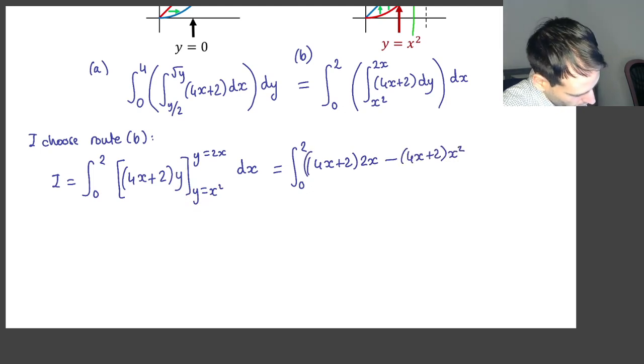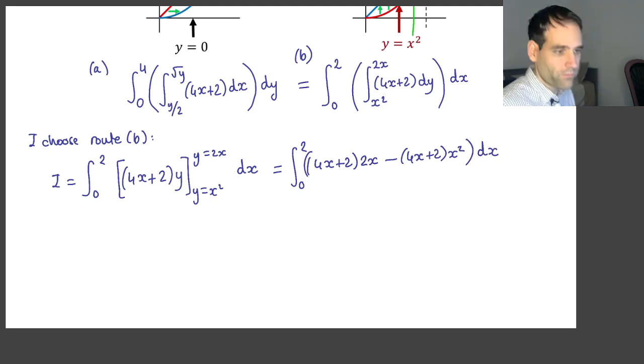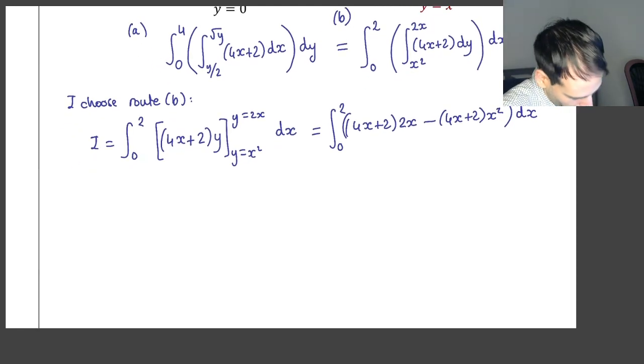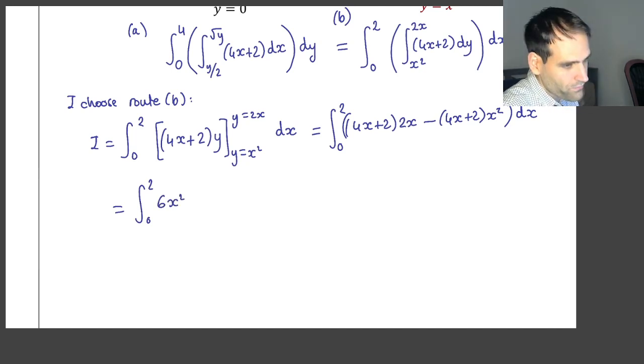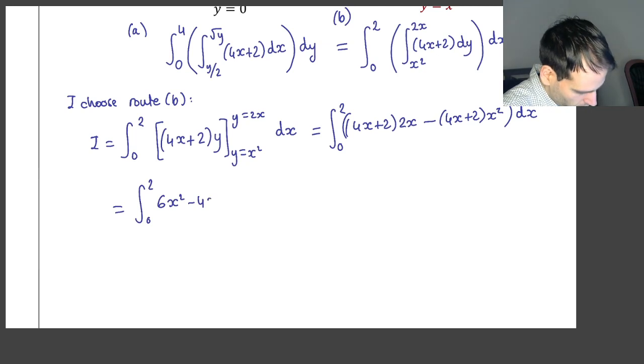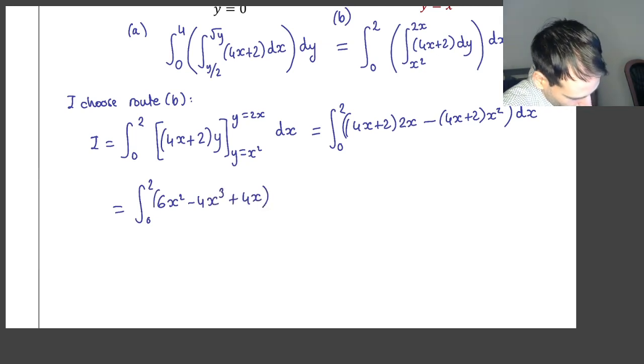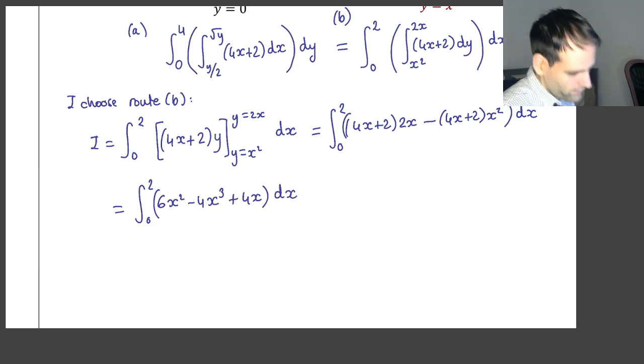All this is what we need to integrate now with respect to x. But of course, first we can simplify it. If we simplify that polynomial, we arrive at 6x squared minus 4x cubed plus 4x, which we need to integrate with respect to x.